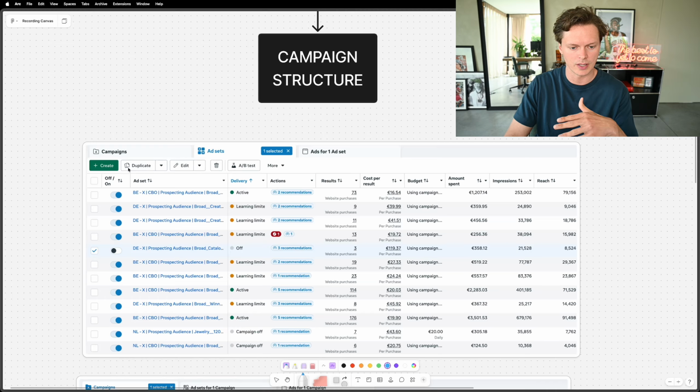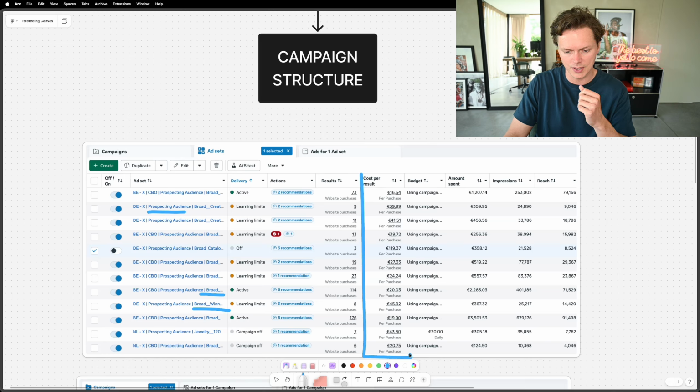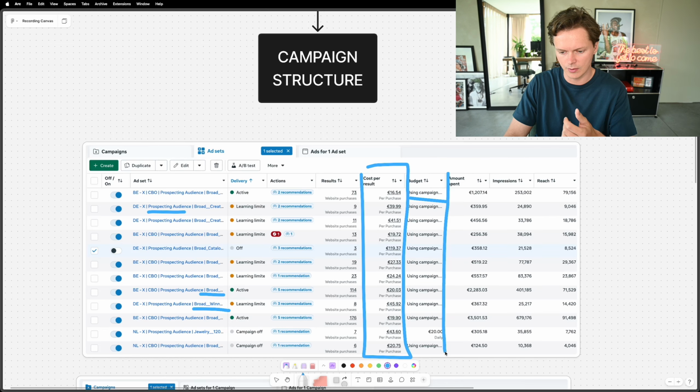I'm going to go deeper into that a bit later in the video, but it can look something like this, where you have prospecting audiences, remarketing audiences, your winners, and your creative packs all split out. They all have different cost per results, and you use that to scale, but all in a CBO budget. This is 1 week worth of spend.